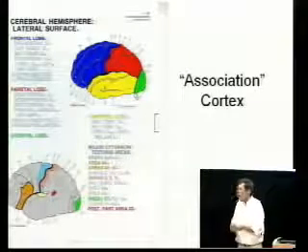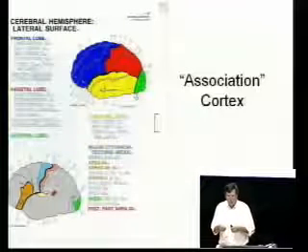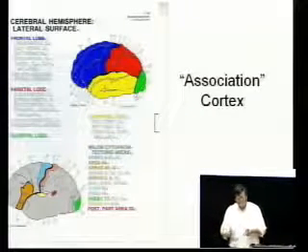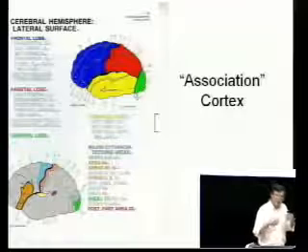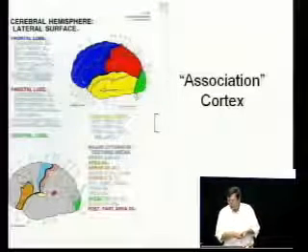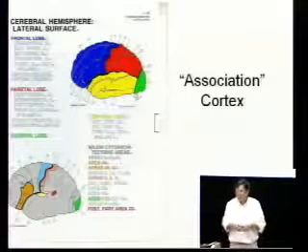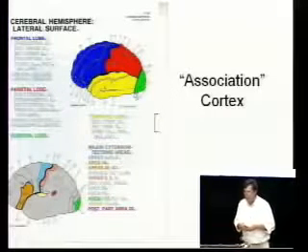And the general idea was that these very large portions of the brain had the function of integrating sensory inputs and performing memory and thought processes, kinds of processes that are involved in learning and memory and thinking and language and so on.